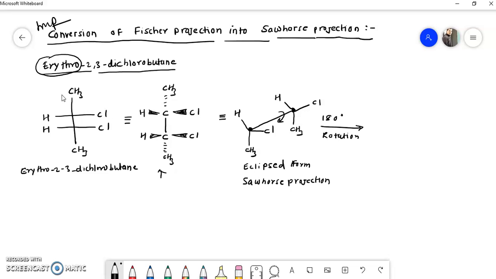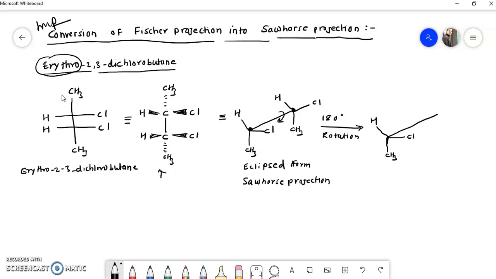Okay, so we are keeping this carbon fixed and we are rotating this carbon. So first we will draw the 45-degree angle line. This methyl group is as it is, CH3, and these two, chlorine and hydrogen, are also as they are.